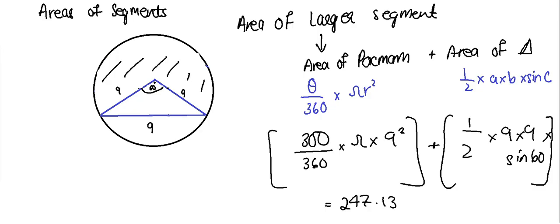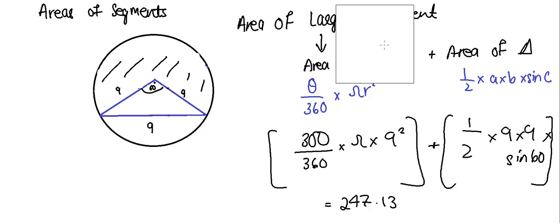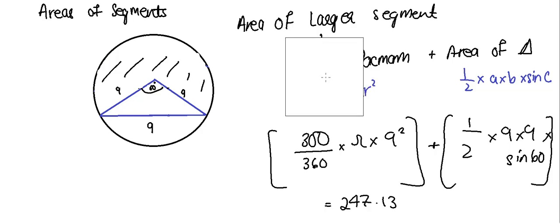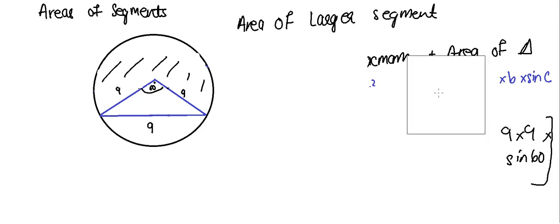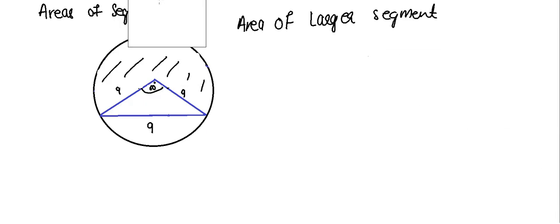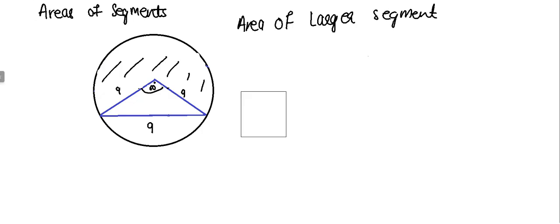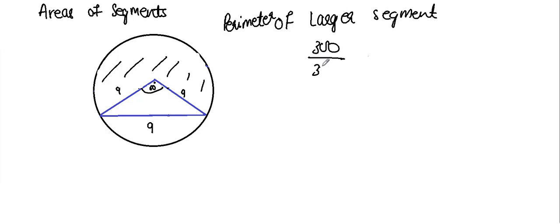Done? Okay. What if I expected from all of you to tell me the perimeter of the largest segment? Yes? Perimeter of the larger segment. Simple. 300 upon 360, this angle upon 360 multiplied by 2 multiplied by pi multiplied by 9.